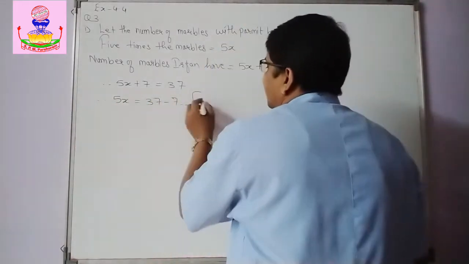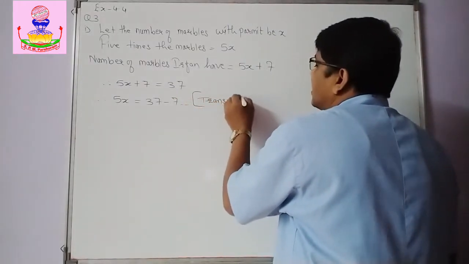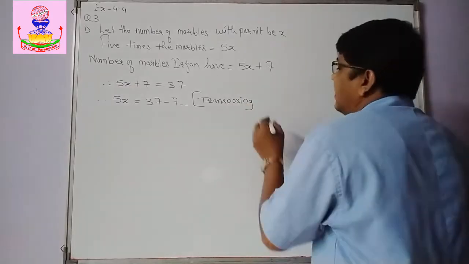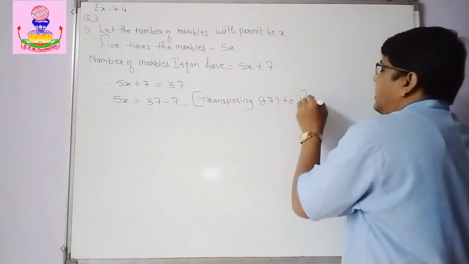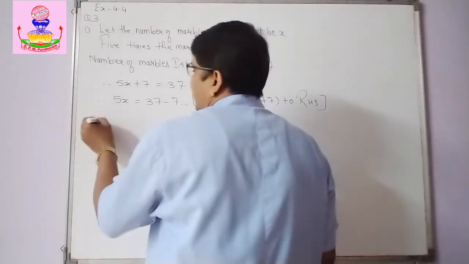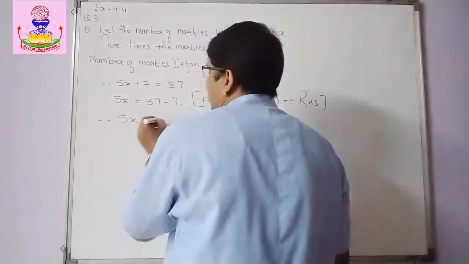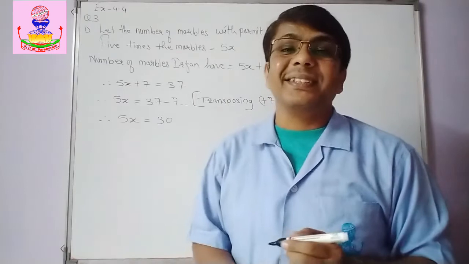What did you do? Transposing plus 7 to RHS. So therefore 5x is equal to 37 minus 7, 30. Now here the sign is multiplication.